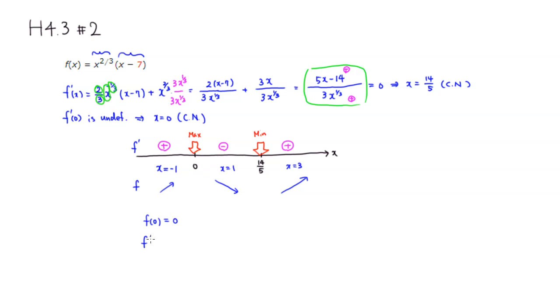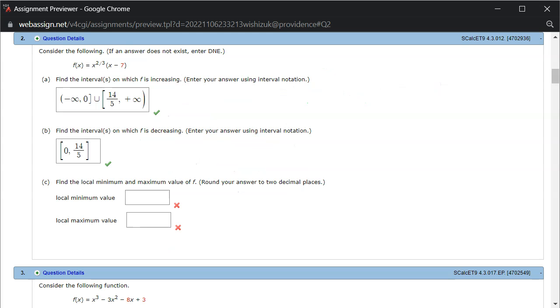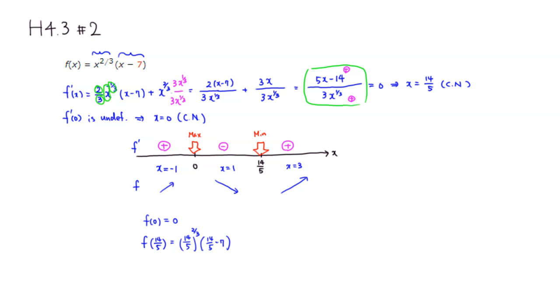Then at 14 over 5, we plug it in. You have 14 over 5 raised to the 2/3 power, and then 14 over 5 minus 7. They want the answer to 2 decimal places, so we need to bring out GeoGebra. Hold on a sec.